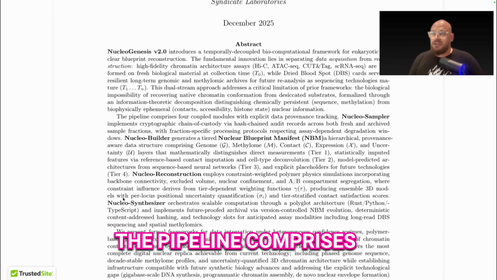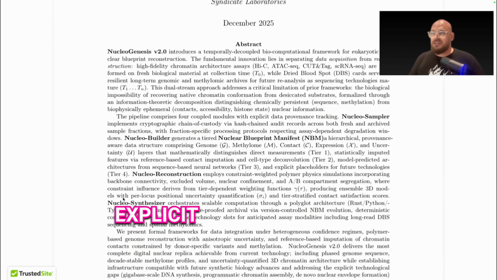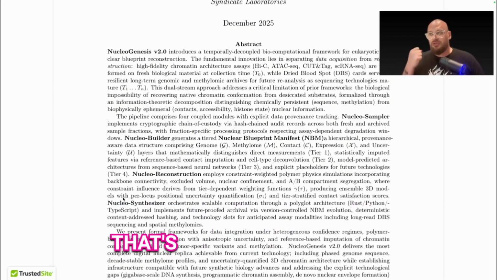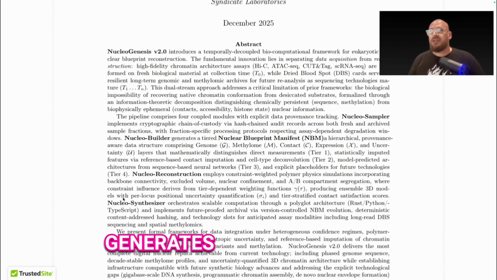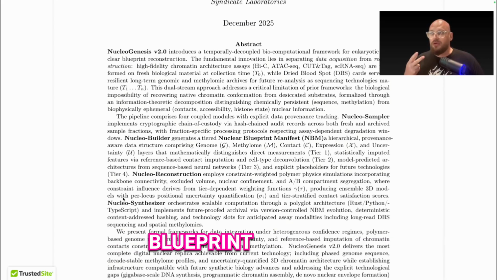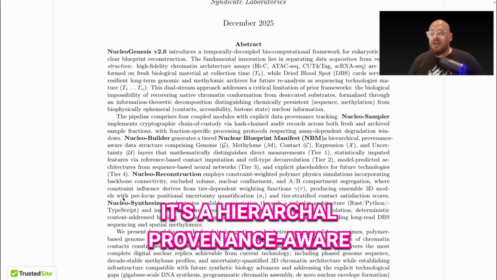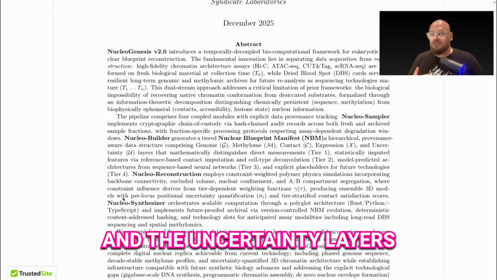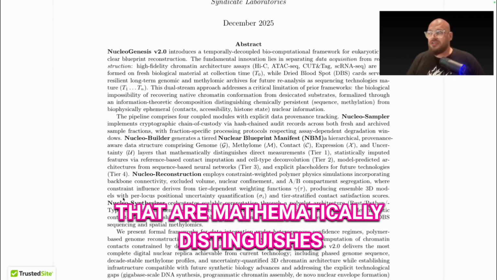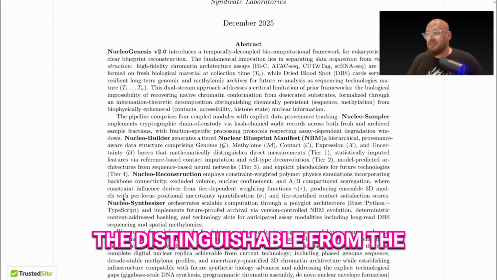The pipeline comprises 4 coupled modules with explicit data provenance tracking. That's the nucleosampler, that's your quality control, and the nucleobuilder, which generates a tiered nuclear blueprint manifest, which is the most important part. It's a hierarchical, provenance-aware data structure that comprises the gene, the methylome, the contacts, the expression, and the uncertainty layers that are mathematically distinguishable from the direct measurements.